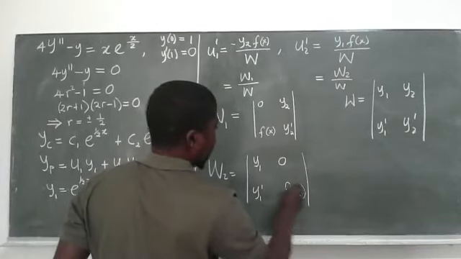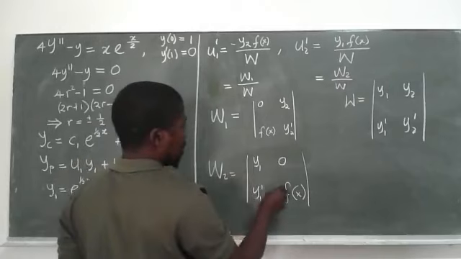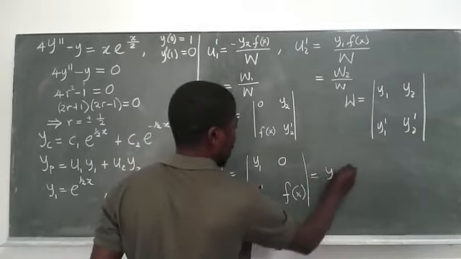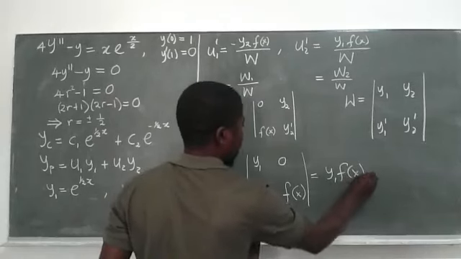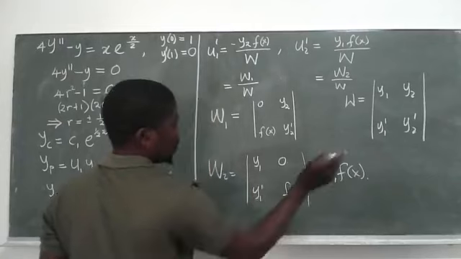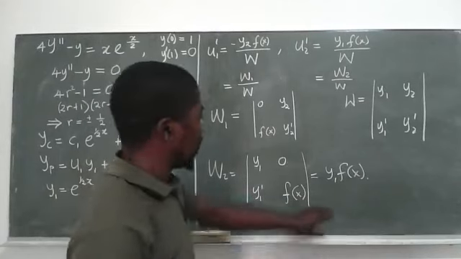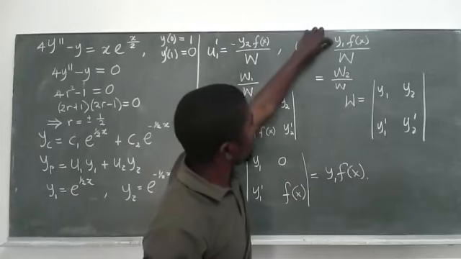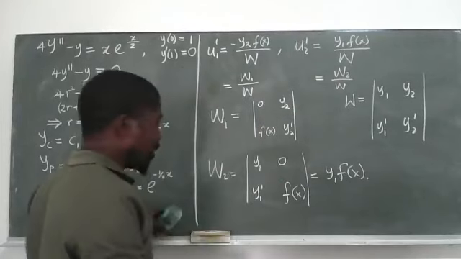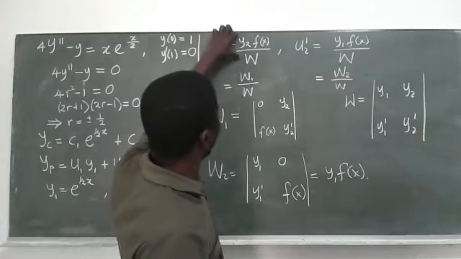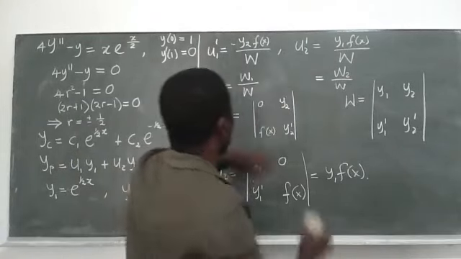If you do the determinant, this times that, you end up with y1 f of x. Then minus a 0, so we don't write anything. So this W2 is replaced by this, which is exactly the top quantity. To make life easy for you, this form is equivalent to that, and this form is equivalent to that.